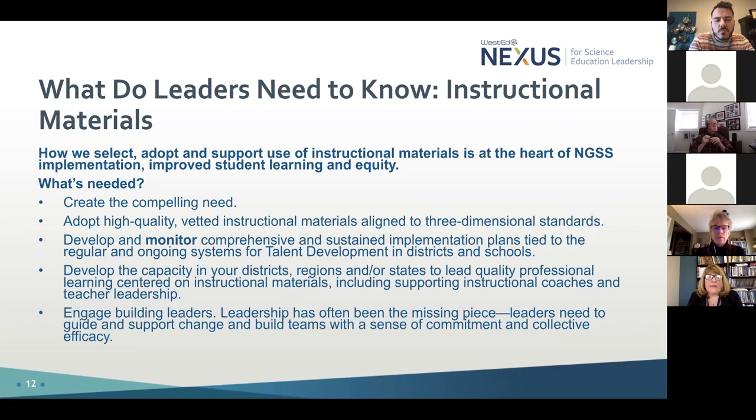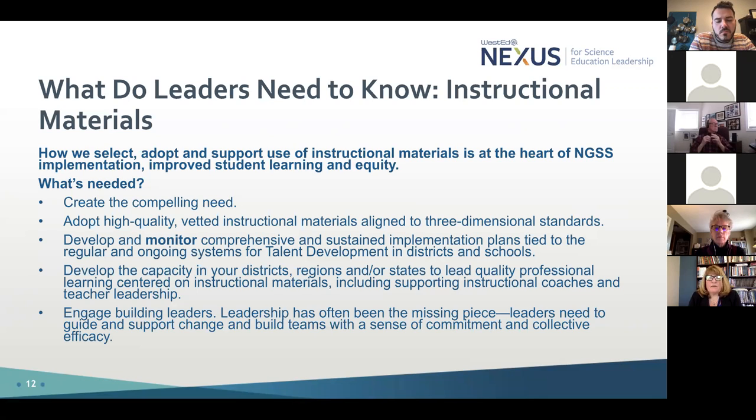And then, I think another area that we all need to know and be able to address is how do you help the building leaders make wise choices about the instructional materials development, adoption, selection. Very often they've been left out of the process. Many of them don't know the NGSS, they don't understand it.